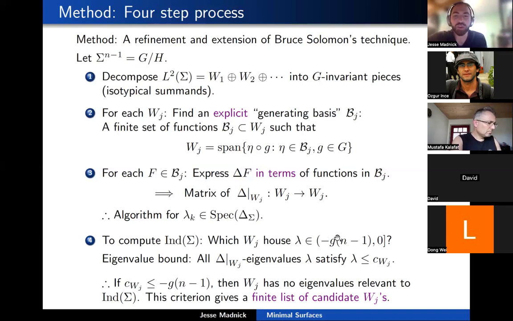But then the question is, which are those? So we're going to state an eigenvalue bound. All the eigenvalues on Wj satisfy this inequality here. Whatever this means, I'll explain it. And if this right-hand side is less than or equal to negative g times n minus 1, then the Wj is irrelevant to us and we can ignore it. And so the result is that we'll end up with a finite list of Wjs and therefore a finite list of finite dimensional matrices. Okay, so this is the plan.